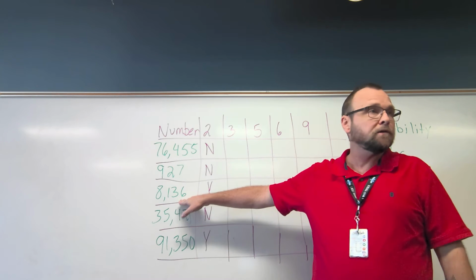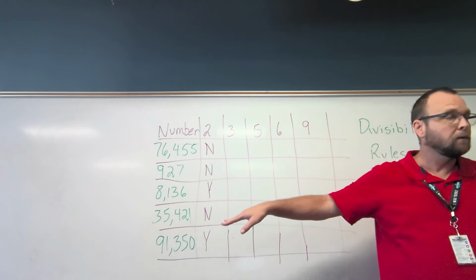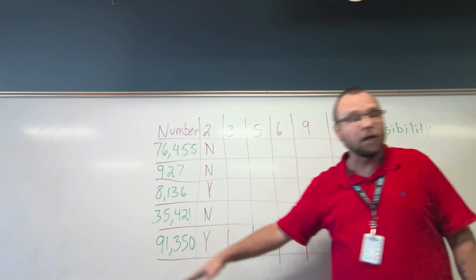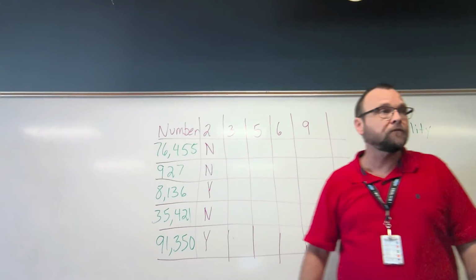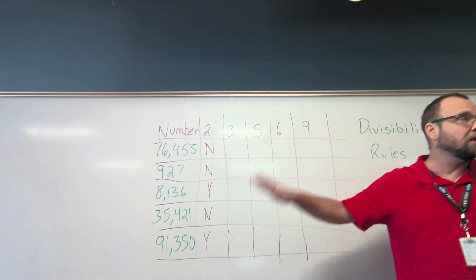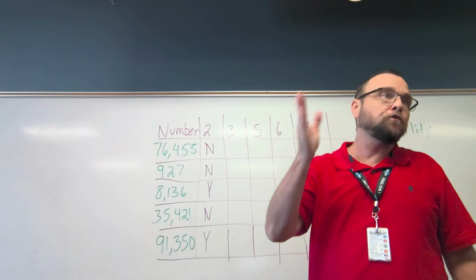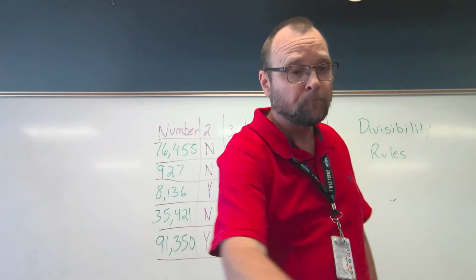I don't need to know what it is right now. But 2 times something is going to equal that. 2 times something is going to equal 91,350. I know 2 divides evenly into it if, in the ones place, it has a 0, 2, 4, 6, or 8.